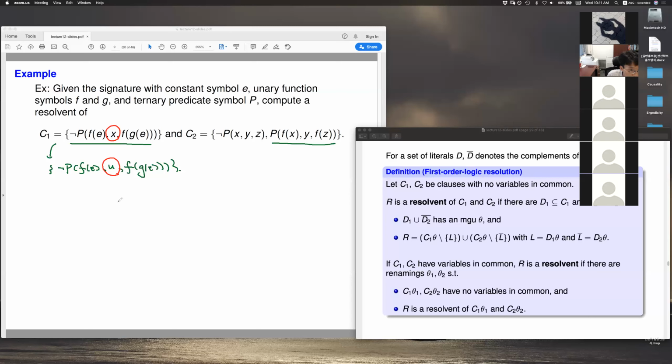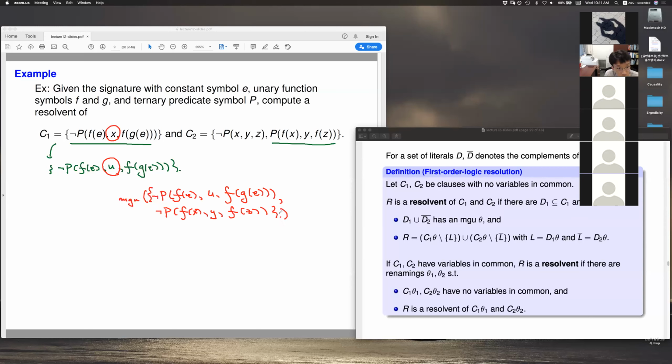So the next step is we call the most general unifier on the set, which is the negation of P of f of e, u, f of g of e, and then we put the negation on the literal that's coming from C2, written as f of x, y, f of z.